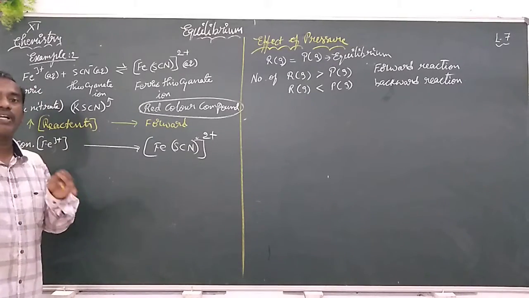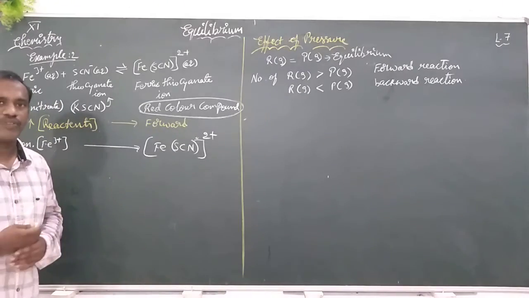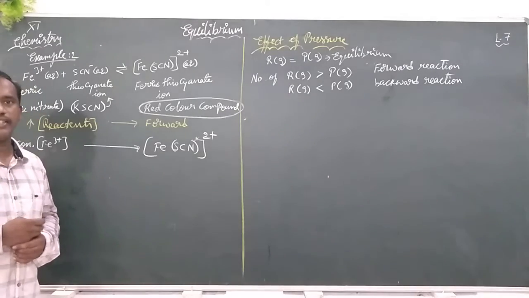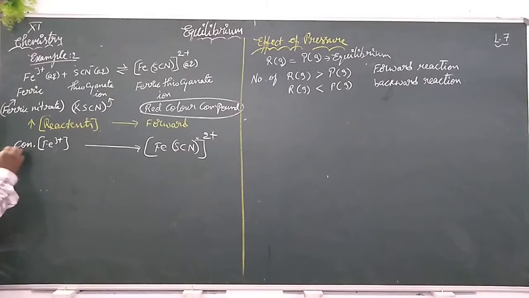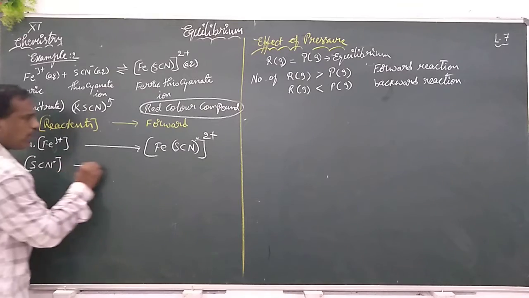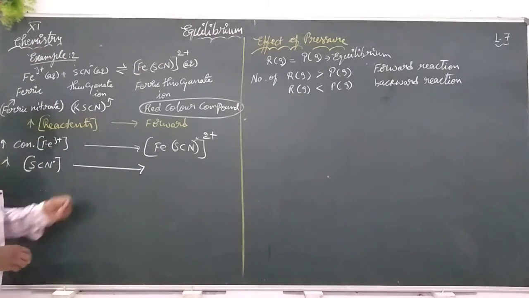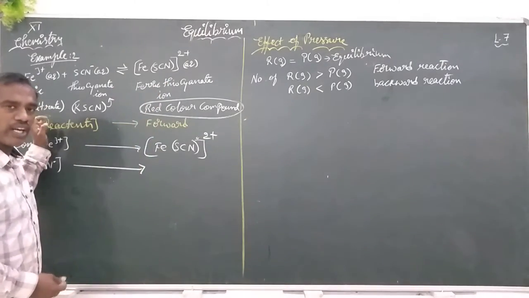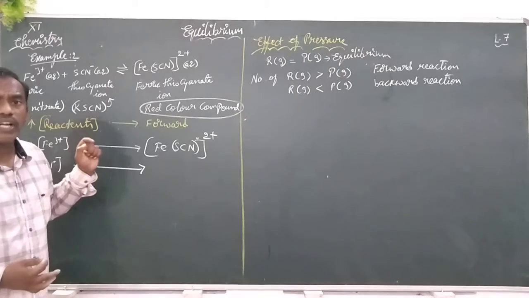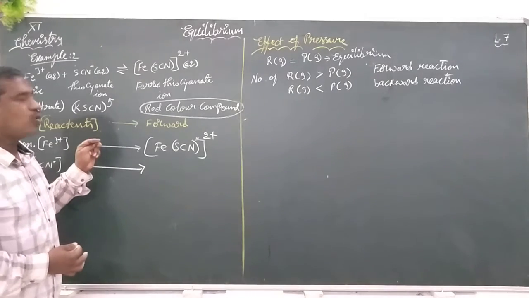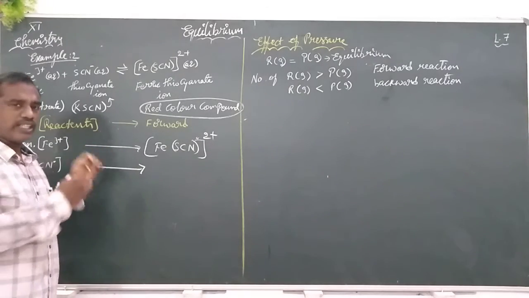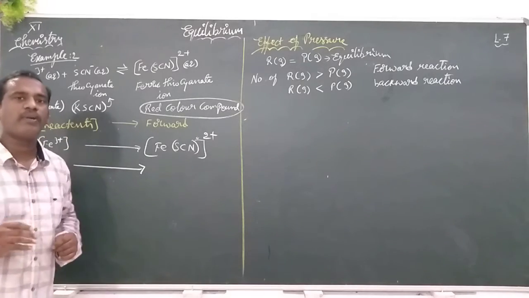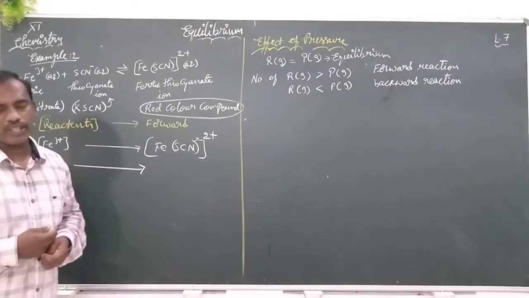The red color will increase in intensity. Even if we increase the concentration of thiocyanate ion, the formation of ferric thiocyanate ions will be increasing. It means when you bring a small change in one direction, the system will counteract in the other direction. So with an increase in the concentration of reactant, what color will be increasing? Red color intensity will be increasing.